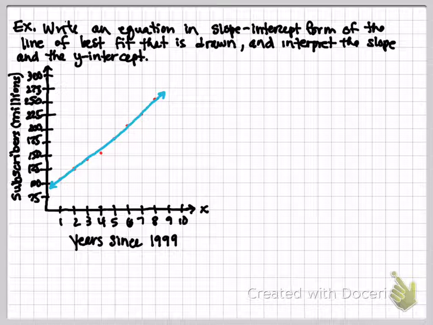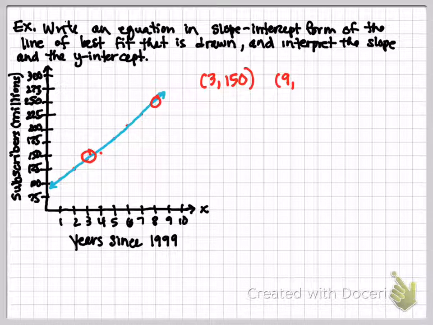So what they want you to do is to come up with 2 points where it passes through. So this point is a good one. And we need it to be through the lines of the graph paper, so we only have integers to deal with. So that's going to be the point 3, 150. And then another point would be right here, which would be 9 and 250.